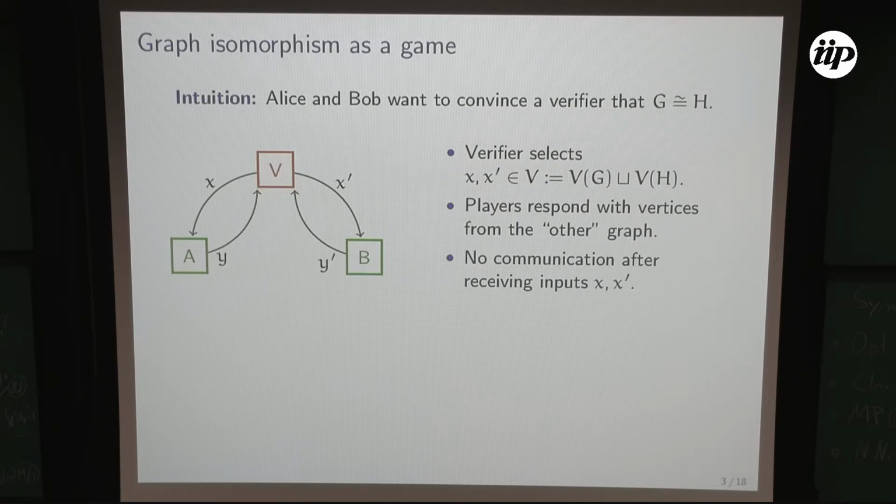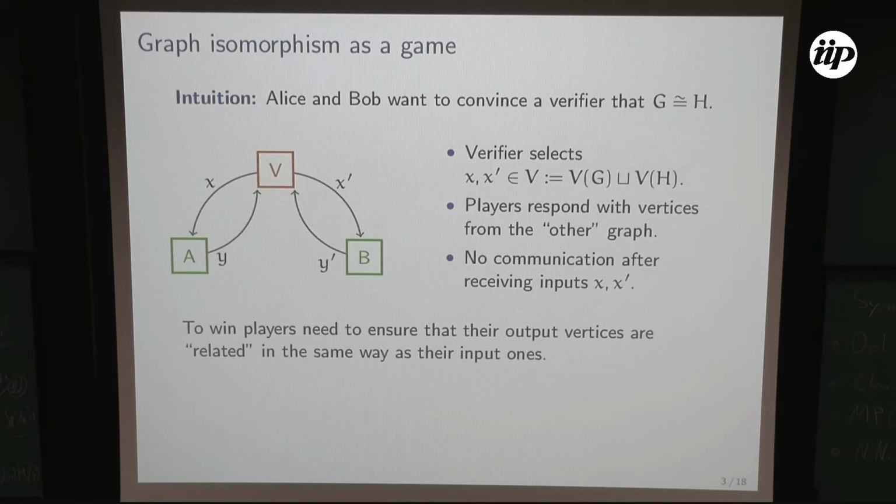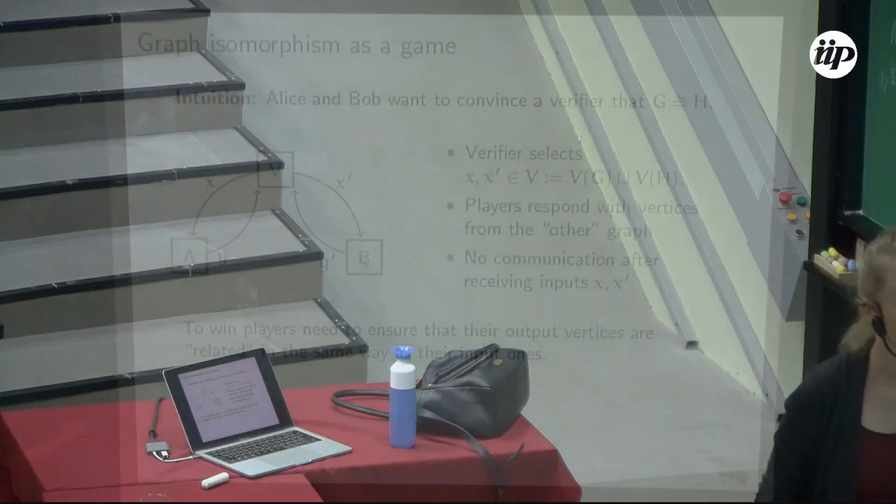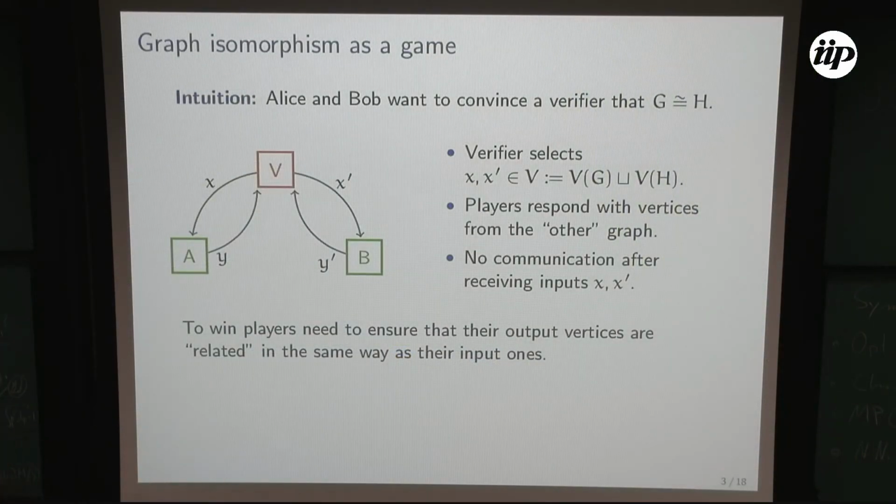Then he's going to say that the players win if, there is a typo here, if the G vertices of the players are related the same way as their H vertices. So don't read the output vertices; it should say the G vertices are related the same way as the H vertices.